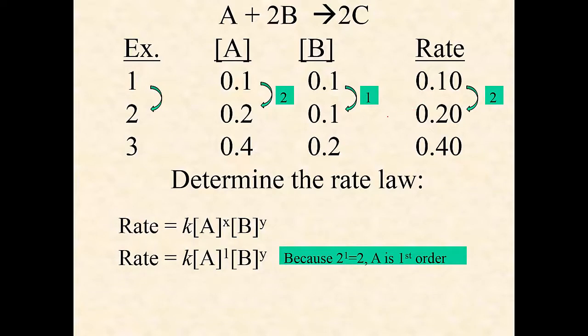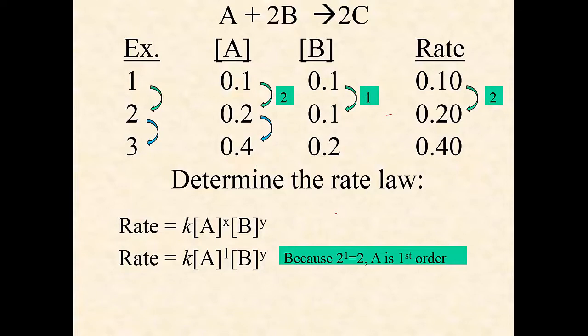Now the problem I look at, I don't see anywhere where A is held constant. But you do already know what the order is for A. So we already know A is first order, and we can use that fact now. They'll never change everything. You're going to have to at least be able to figure out one. So look at trial 2 and 3. What happened?